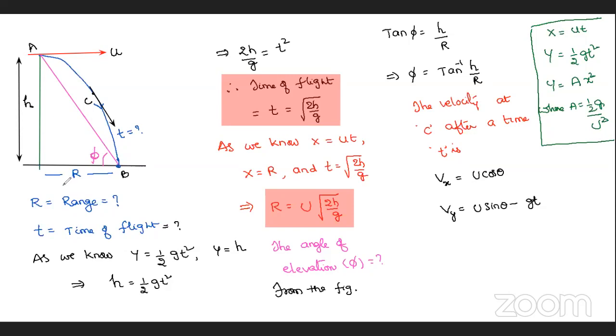But downward is taken as the positive y-axis, so this is plus gt. Until here, you understood the concept? Do you have any doubt in this? No doubt.